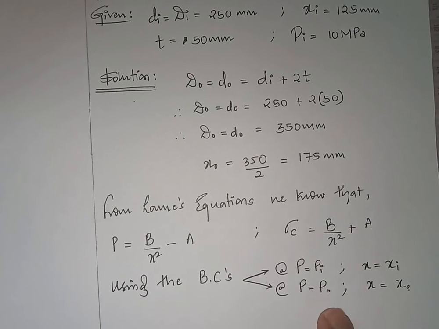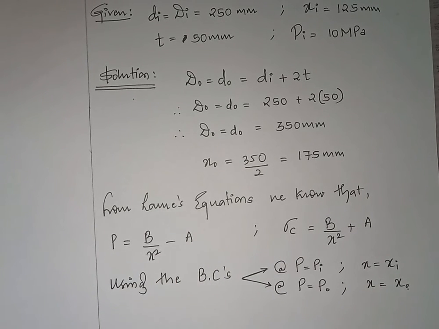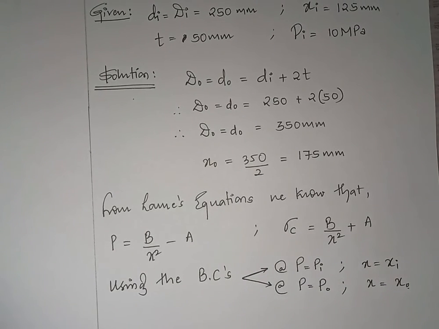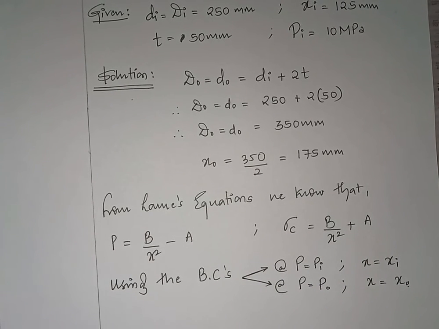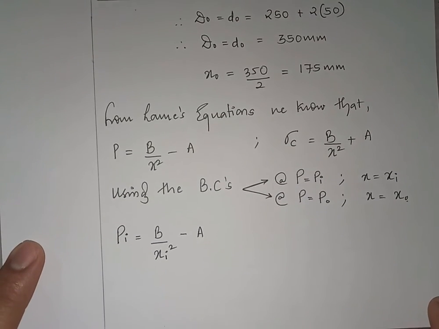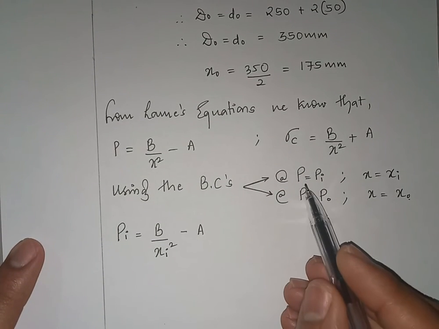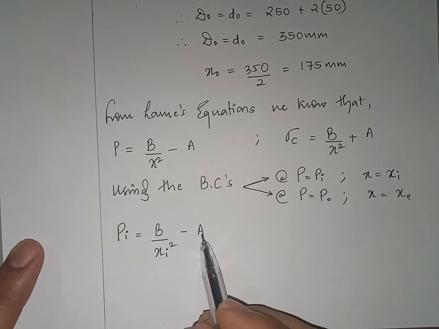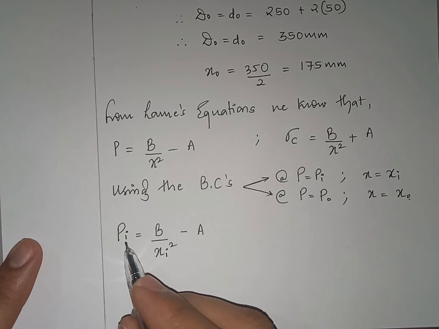If I put these boundary conditions in these equations, the first equation becomes Pi is equal to B divided by Xi square minus A. What is the value of Pi?